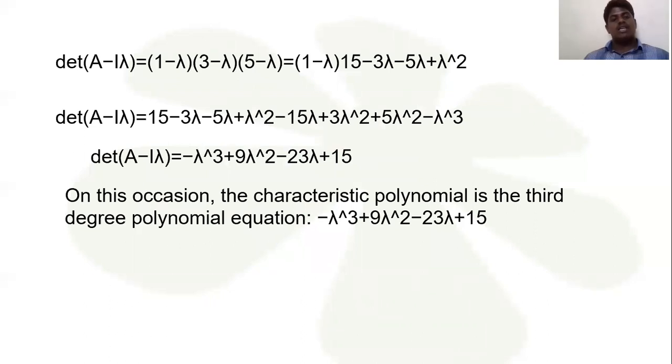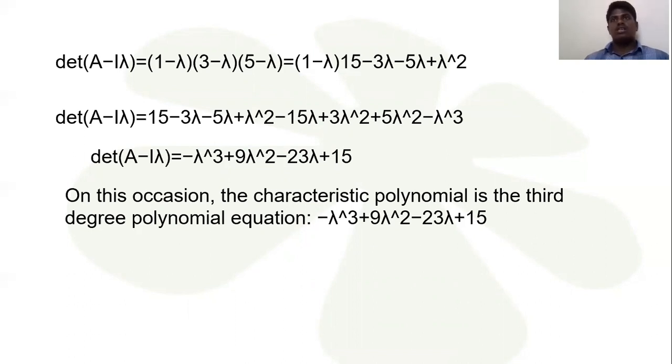That gives 15 minus 3 lambda minus 5 lambda plus lambda square minus 15 lambda plus 3 lambda square plus 5 lambda square minus lambda cube. The determinant of A minus lambda I equals minus lambda cube plus 9 lambda square minus 23 lambda plus 15.